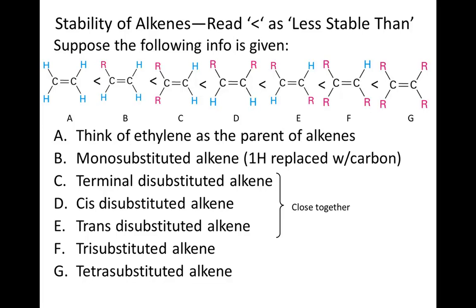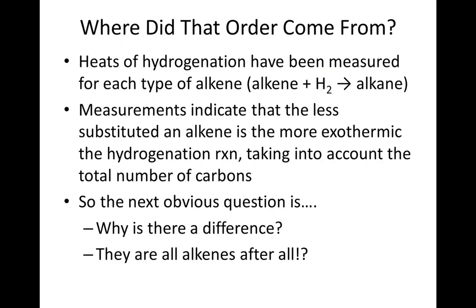They figure it out using heats of hydrogenation. You can add hydrogen to this double bond and measure the enthalpy of that reaction in each case and adjust it for the number of carbons. Here's a simplified version of that equation without any detail.